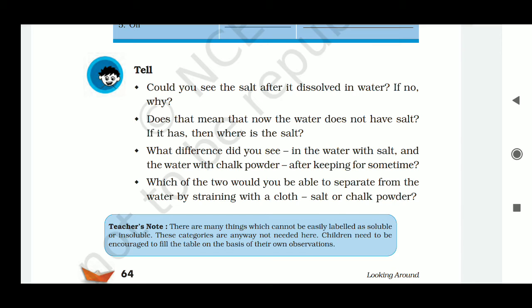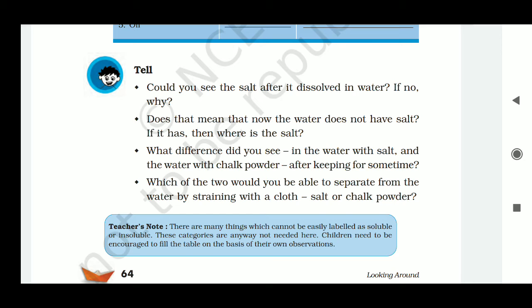There's space between the particles of water, and salt occupies the space between the particles of water. That's why it is not visible to us. So the simple answer is salt is there and dissolved in water. That's why salt is not visible to us.